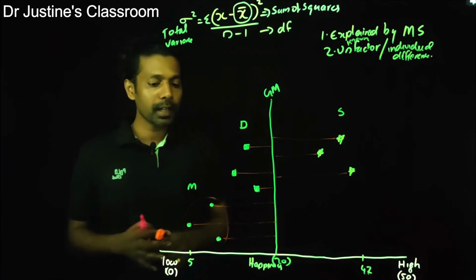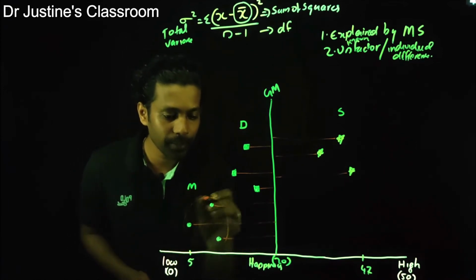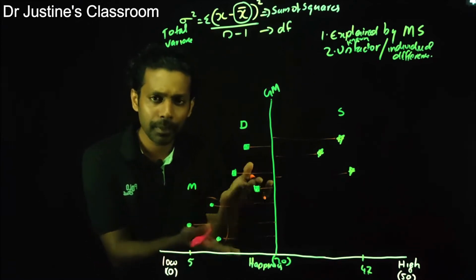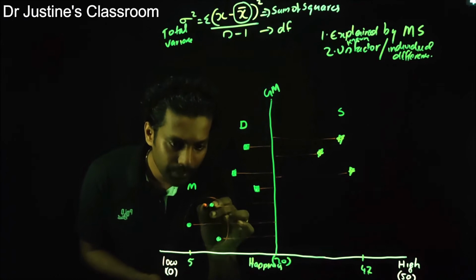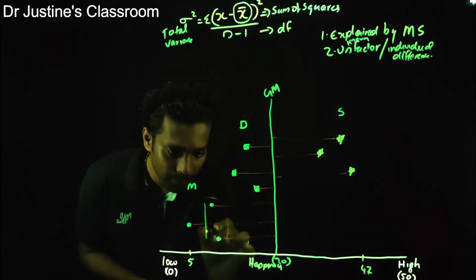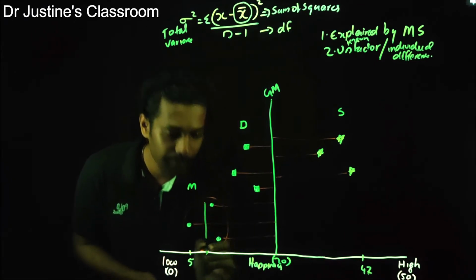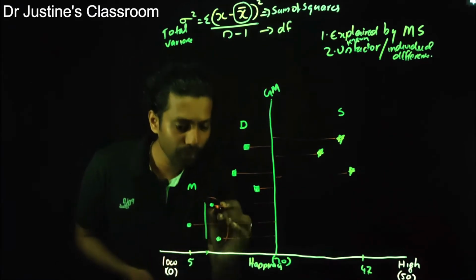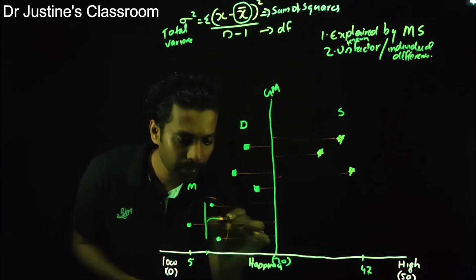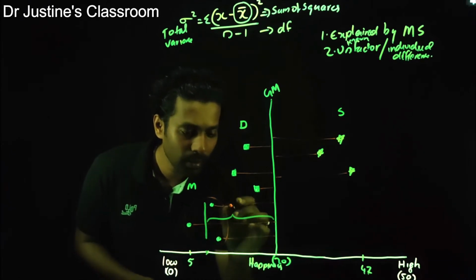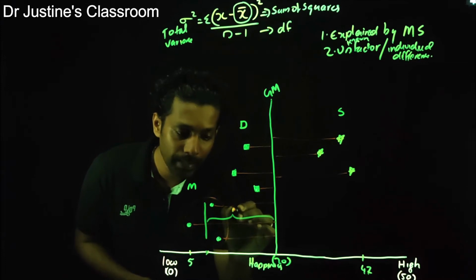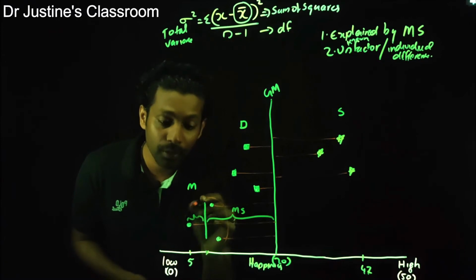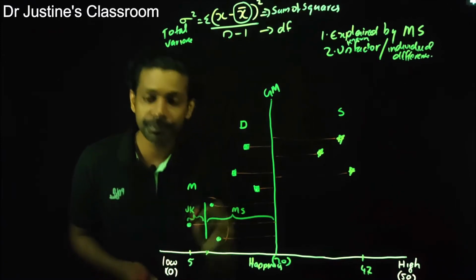For that, I'll find the average of these three data points. If I take the average of this data, this individual difference can be balanced. So I get a value somewhere like this. Let us say this is my average value. Now I would say this much of the score is due to marital status, and this much change is because of the unknown factor.